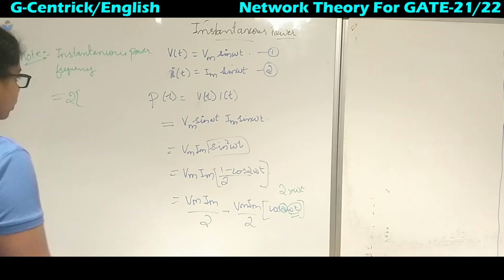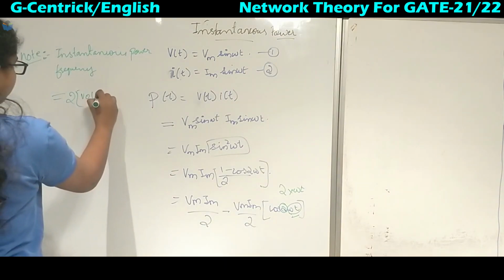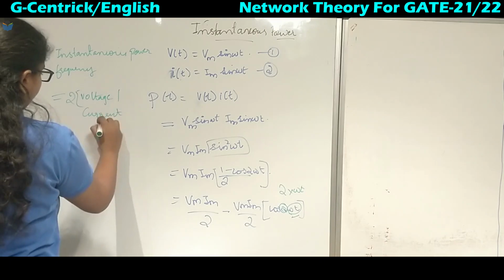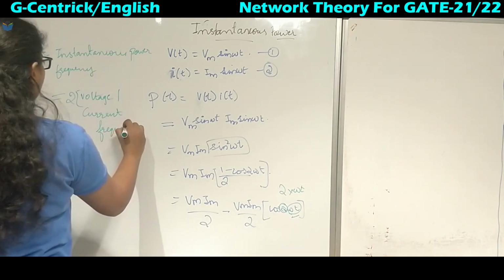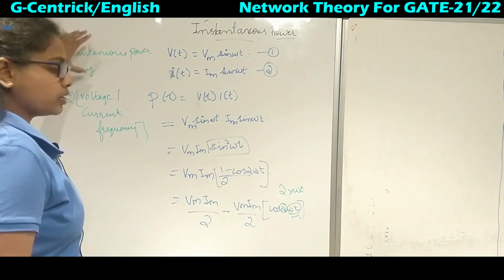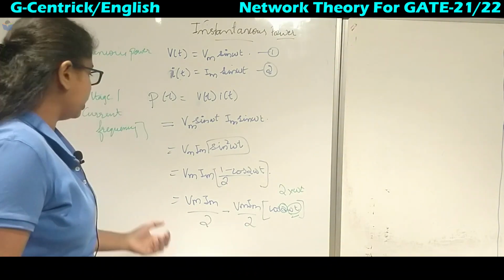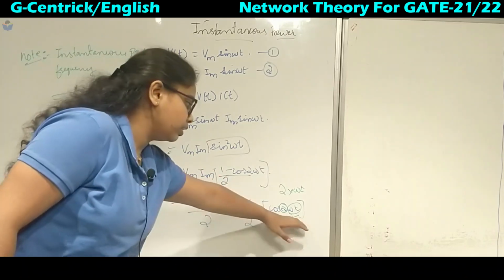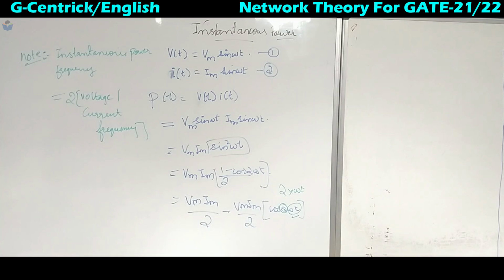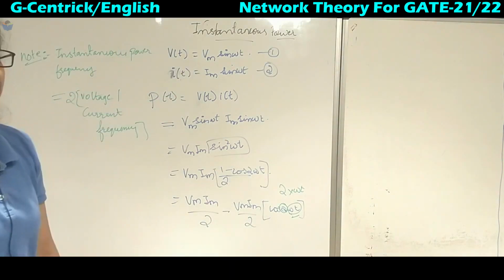So it will be 2 times the voltage or current frequency. If someone asks what is the instantaneous power frequency, then it will be 2 times the voltage or current frequency. This is the important point to be noted in instantaneous power.